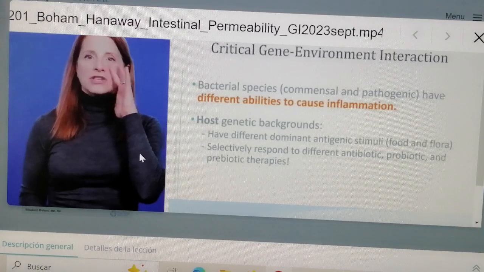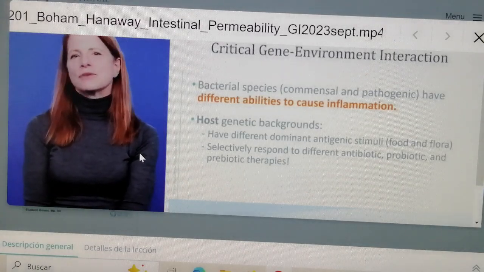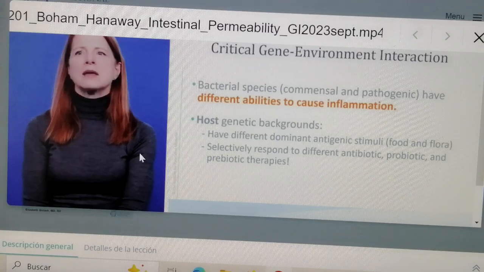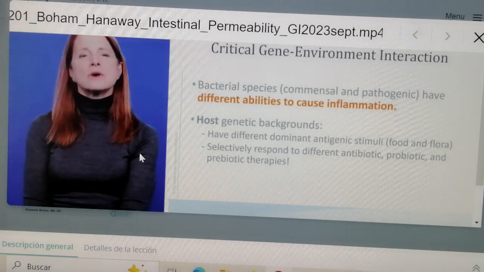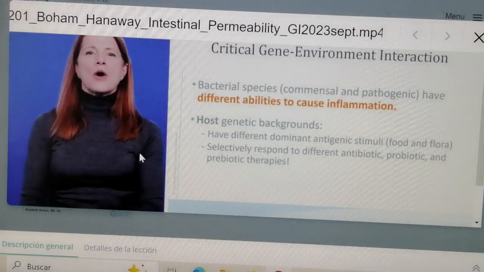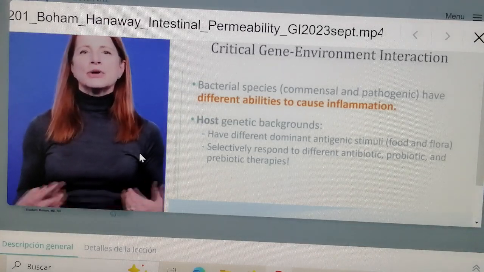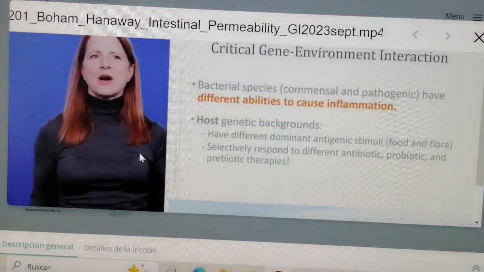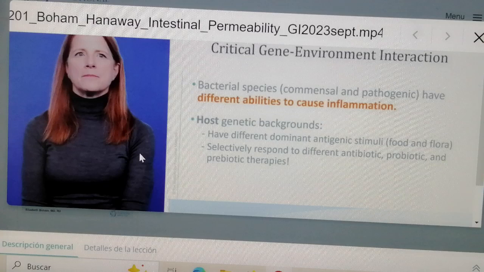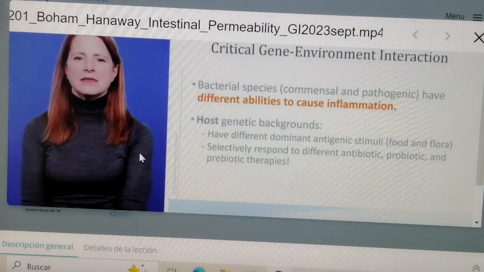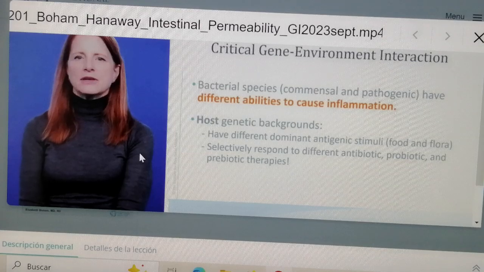And we also know that genetically, we all respond to inflammation in a different way for multiple reasons, right? We respond to different bacteria differently. How many antibiotics we've had over our lifetime, our genetic makeup, our good bacteria, our commensal bacteria makeup, all influence how we respond to disruptions in the balance in both commensal and pathologic bacteria in the gut.